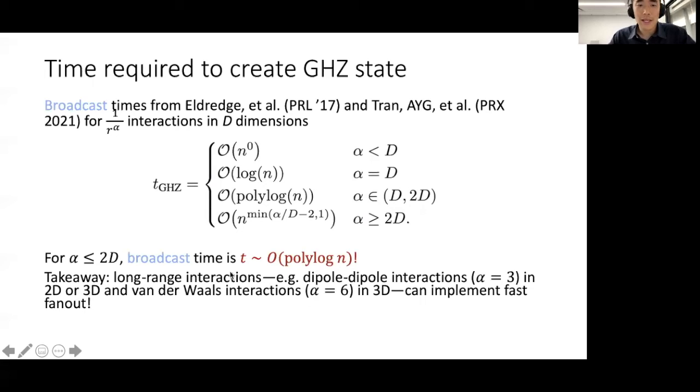This applies to a broad range of interactions, such as dipole-dipole interactions in 2 or 3D, or van der Waals interactions in 3D. And they can implement this fan-out gate in time that is faster than any polynomial in N. So this is truly a fast fan-out gate.